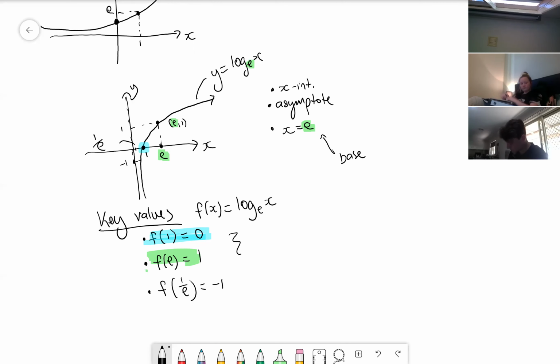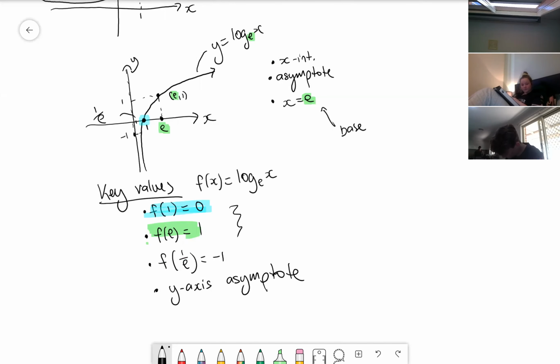But I think these two are enough, to be honest. And then you've got the y-axis as the asymptote. What's the range of this function? Real numbers. All real numbers, perfect.